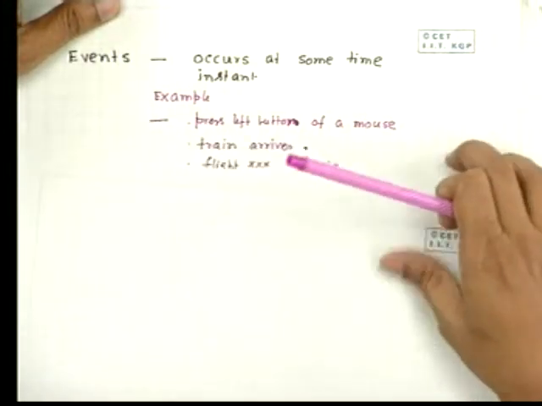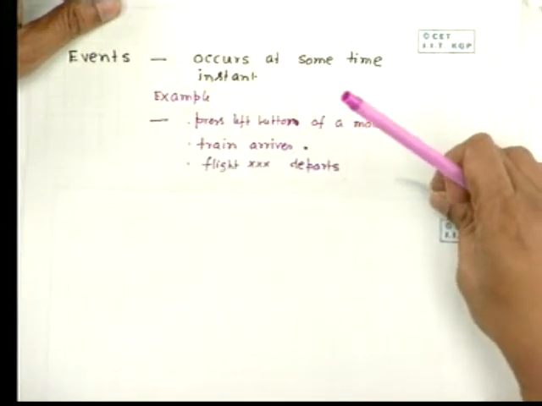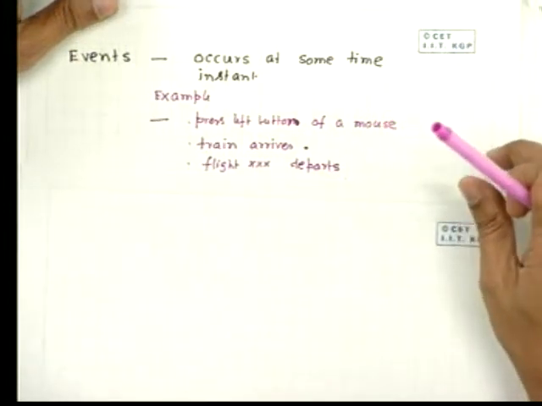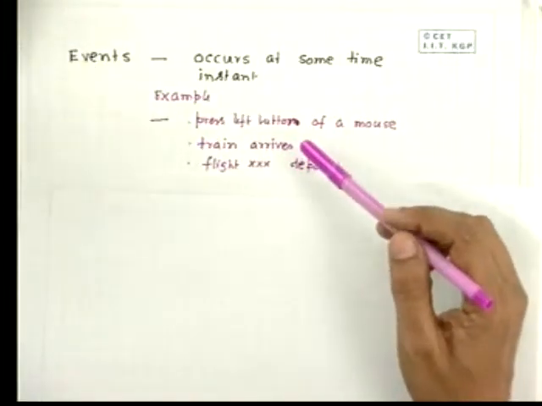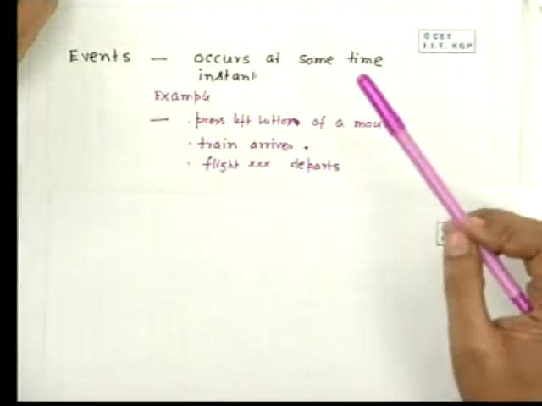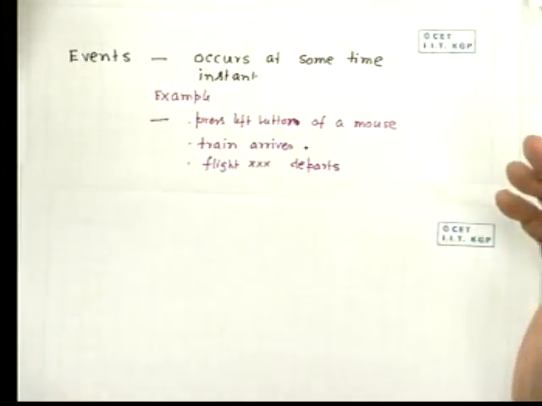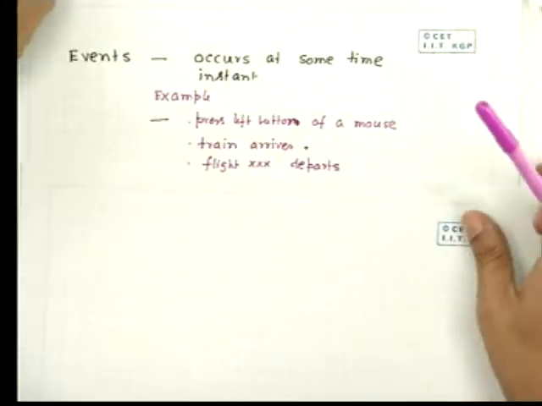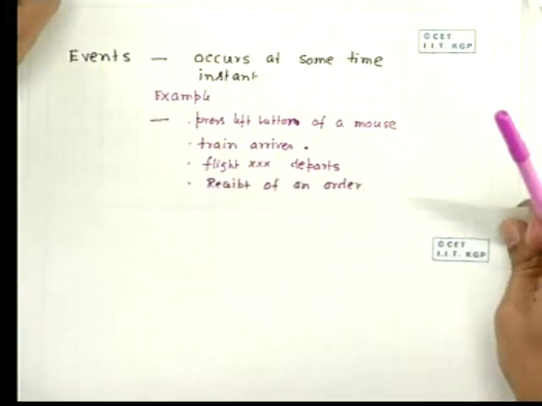Similarly, when a train arrives at a platform, or a flight, say an Indian Airlines flight from Calcutta to Bombay, departs, the departure of a flight or the arrival of a train is an event which takes place at some time instant.